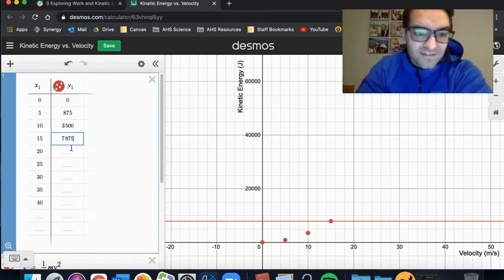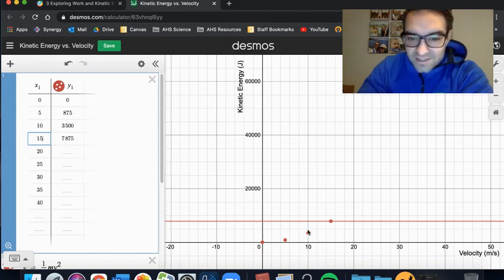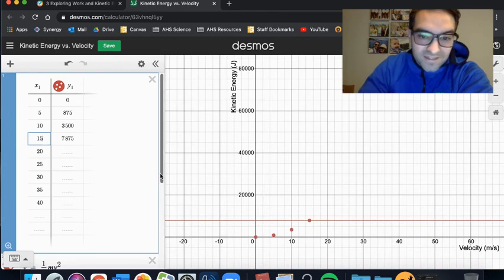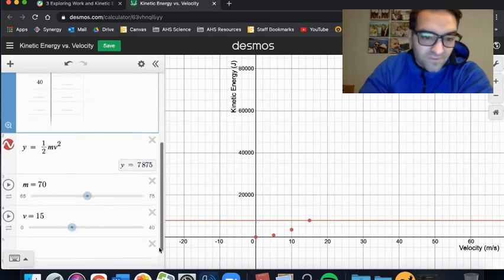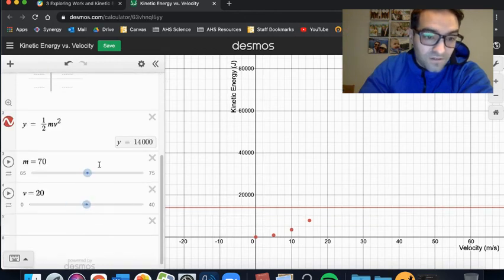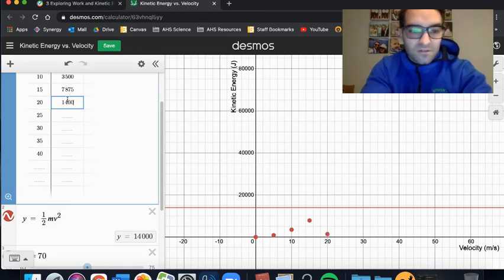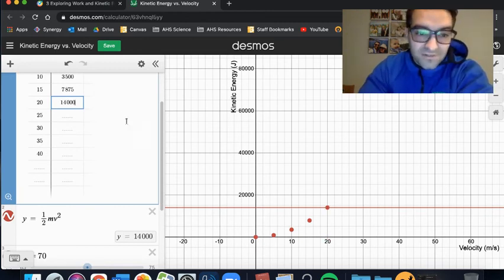So 7,875 joules of kinetic energy with a velocity of 15 meters per second. Then you can see that the data points start to have a trend that should look very familiar from Q1. At 20, it's 14,000.